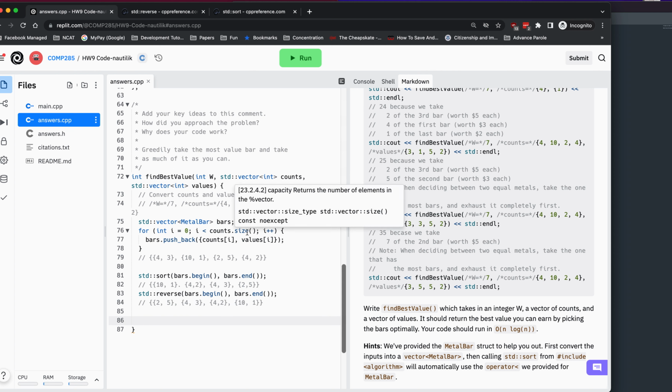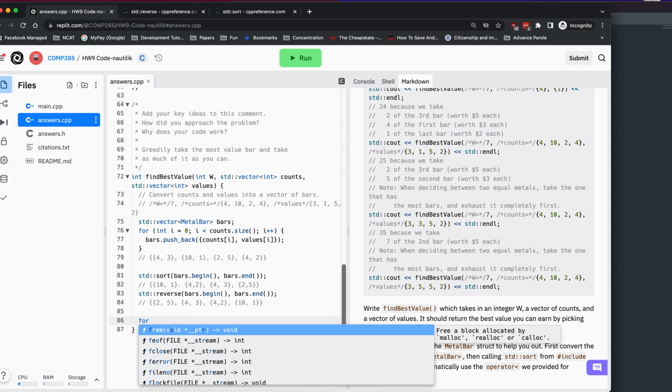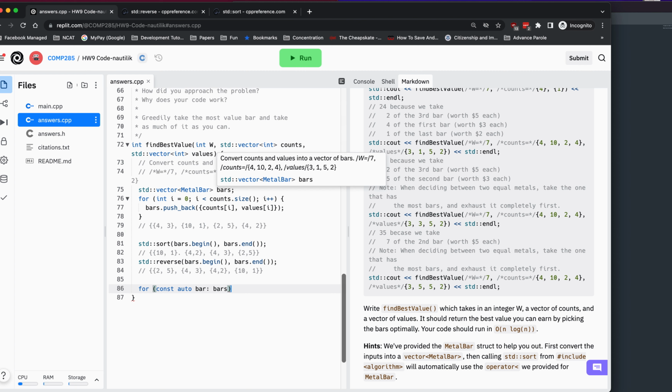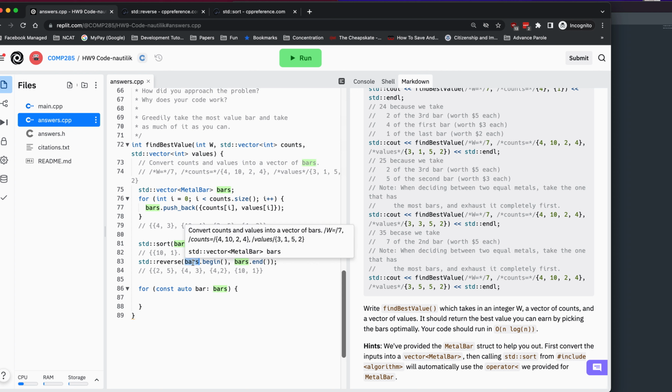And now that we have them sorted in reverse, we can just iterate through them, right? So we're iterating through each bar in bars, but now bars has been reversed. So we're iterating over them backwards. And the first bar we're going to see is actually this 5, which is the most valuable. So what we want to do is take as much of it as we can.